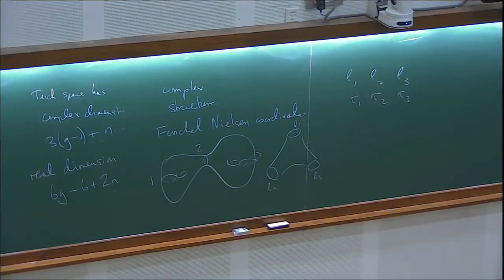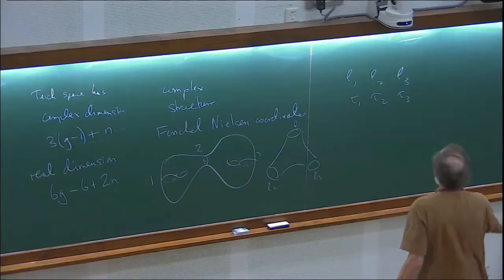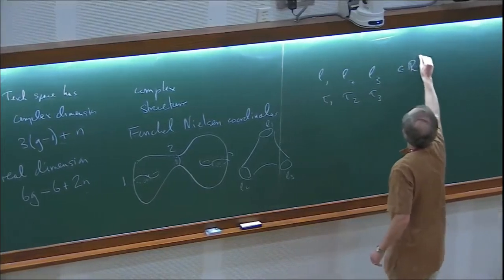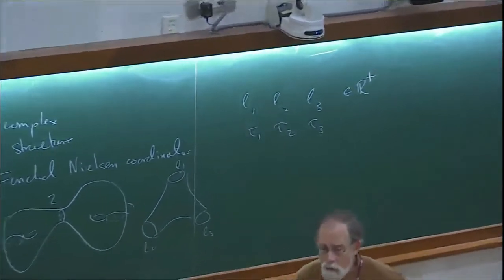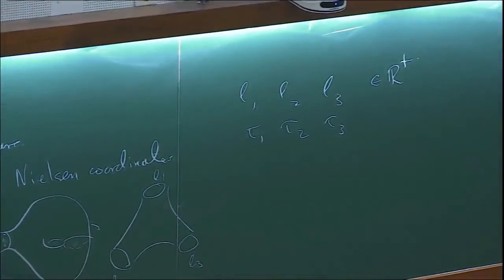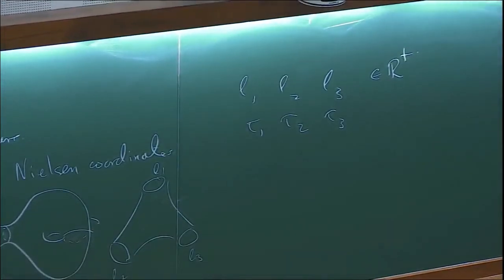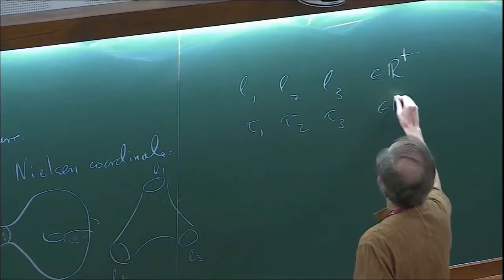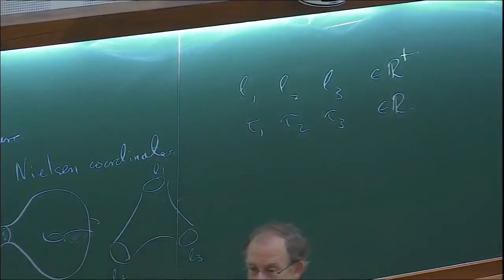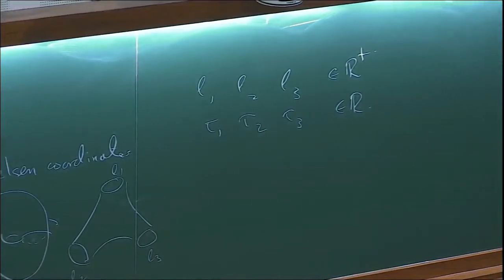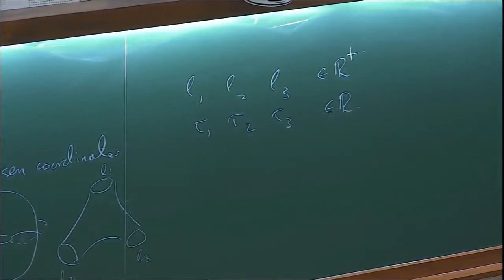Now, length is a completely natural, straightforward, well-defined parameter. Obviously, it takes positive real values. Twist can be any amount you like. You can twist forward or backwards as much as you wish. There is one oddity about twist, though. It's undefined.